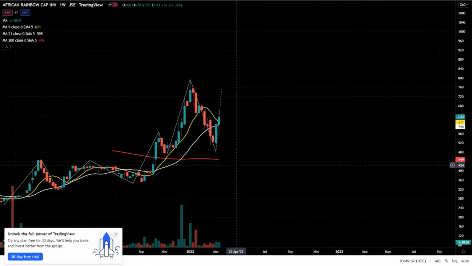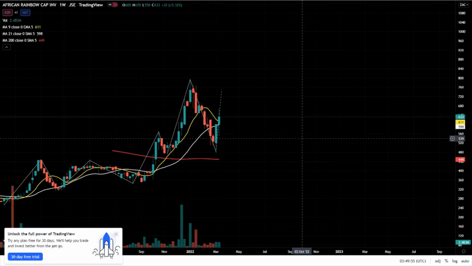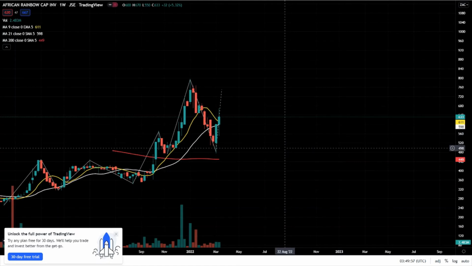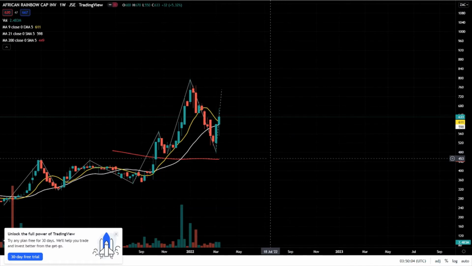You can just take a look at all of the news and SENS releases that they've done recently to know that there is still a lot of untapped value in this company, and most investors, I would say, are expecting the price to go a lot higher. And are saying that this share at the moment is actually largely undervalued because of its recent corporate actions and strategic movements that they've made as a company.